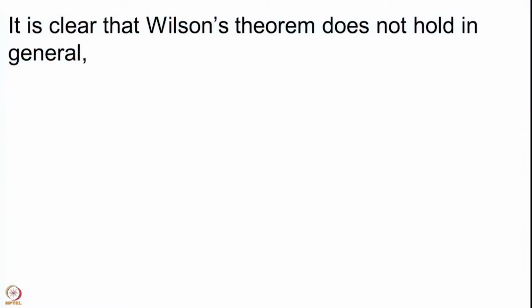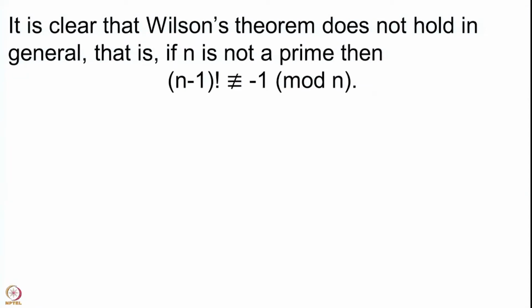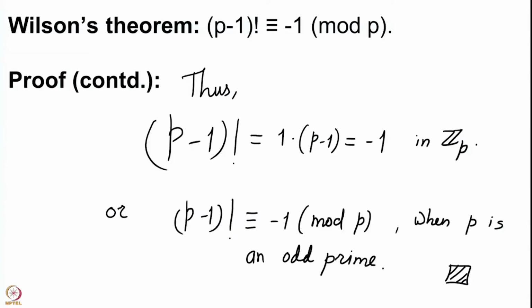In fact, what that means is that if you take a number n which is not a prime, you may ask, the earlier slide said that p is odd. If you put p equal to 2, then yes, that also holds. Here p minus 1 is minus 1, but that is also 1 modulo 2.